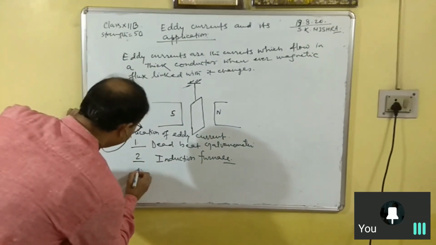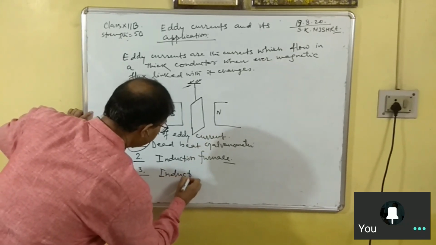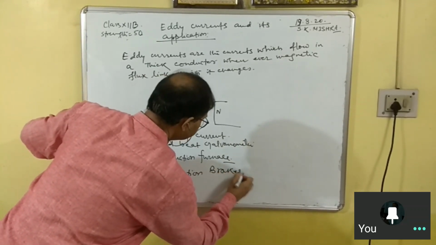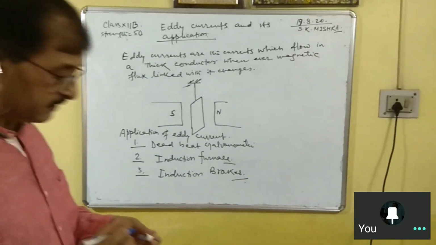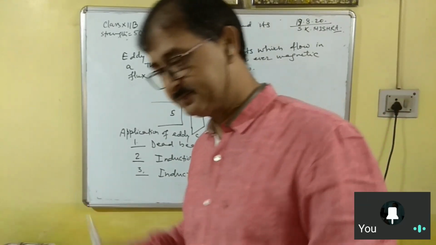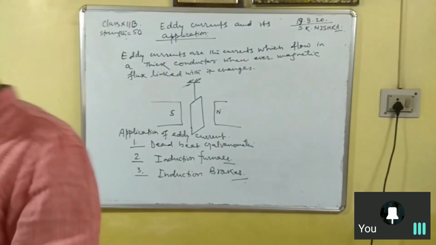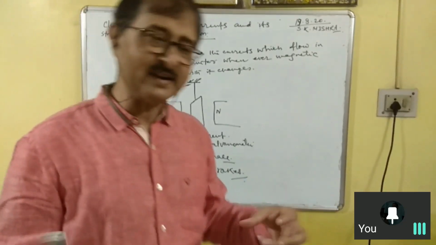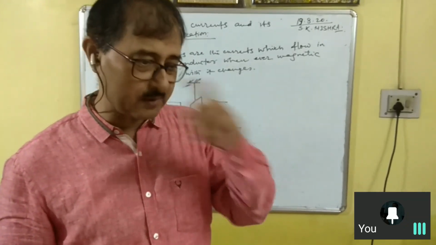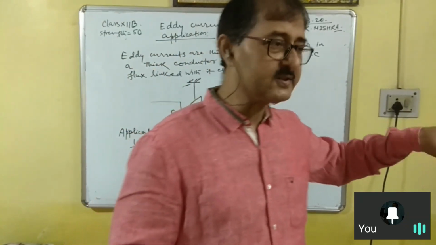Now the third is the induction brake, especially in trains which are operated on electric current. In that train, between two rails, some electromagnets are provided. Whenever the driver wants to stop the train, some switches or controls are there with the driver.